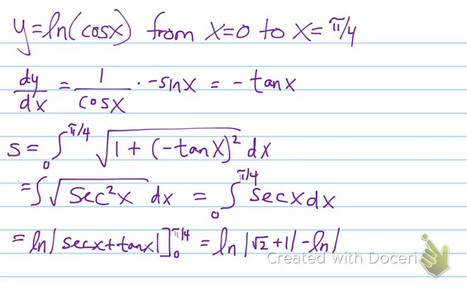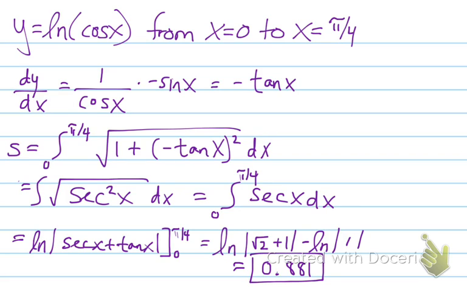So ln of secant of 0, which is 1 over cosine, 1 over 1, is 1, plus tangent of 0, which is 0. When you plug that into a calculator, you get approximately 0.881. And that's the arc length for that curve.